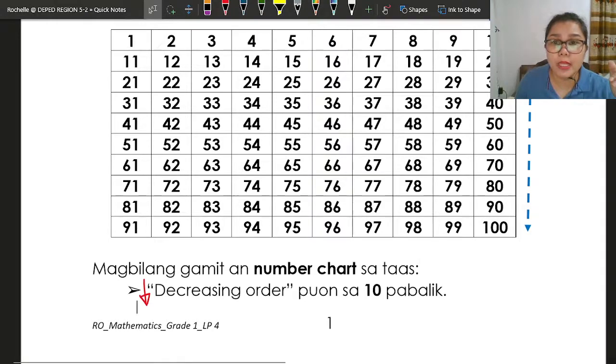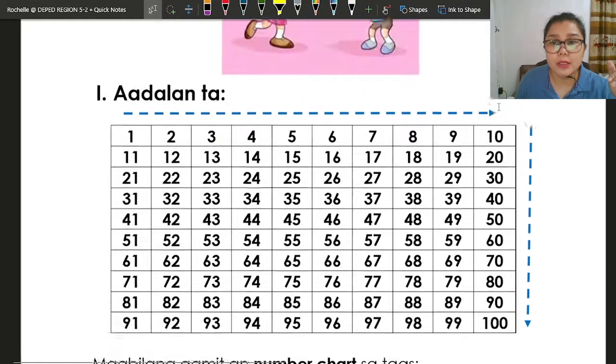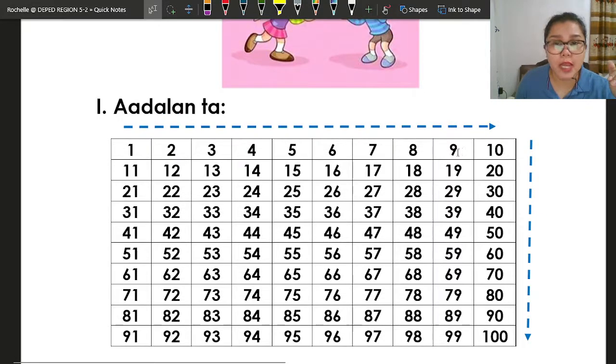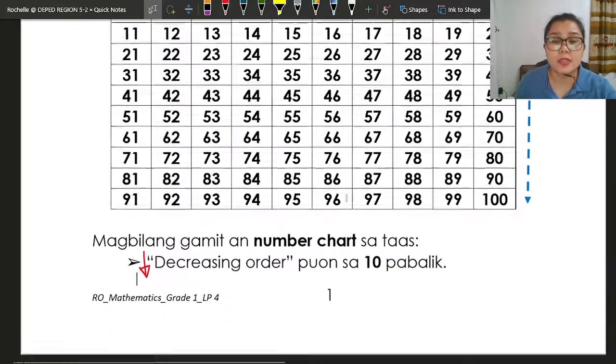From 10 going back, so we have here 10, 9, 8, 7, 6, 5, 4, 3, 2, 1. It's like a countdown. So it's decreasing, from 10 going back.